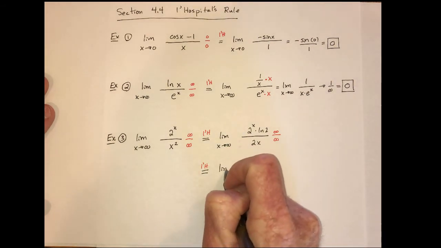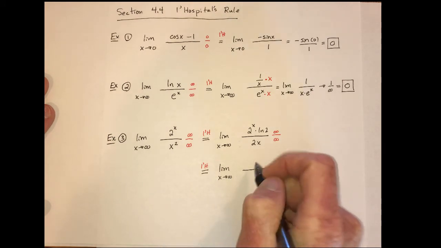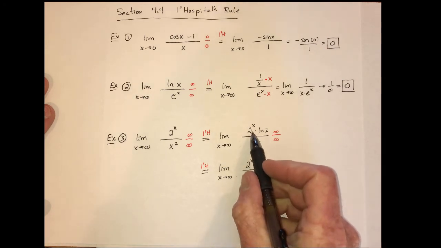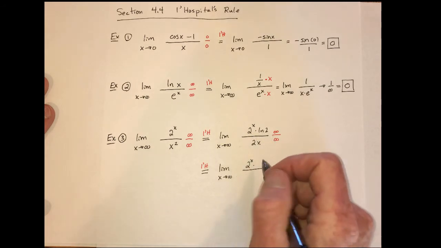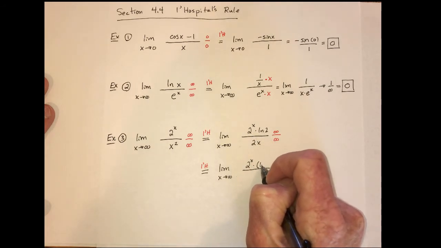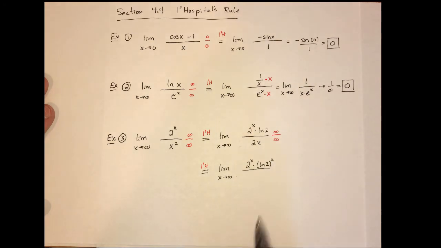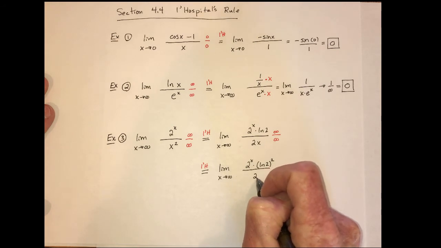So this will now be the limit as x goes to infinity. On the top, it's going to be 2 to the x, because the derivative of 2 to the x is 2 to the x. And then we would have to multiply by another natural log of 2. So you could either write it down twice or say that one is squared. And then on the bottom, the derivative of 2x is just a 2.